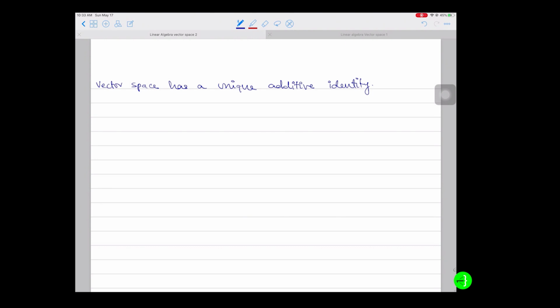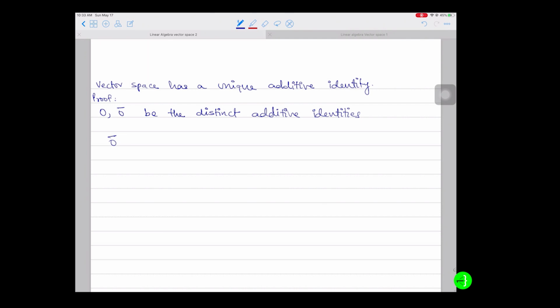So let's assume that we have 0 and 0 bar be distinct additive identities. This is the proof that it only has one. We are assuming that it has two, and then we'll come up with a contradiction that 0 and 0 bar be distinct additive identities of a vector space.